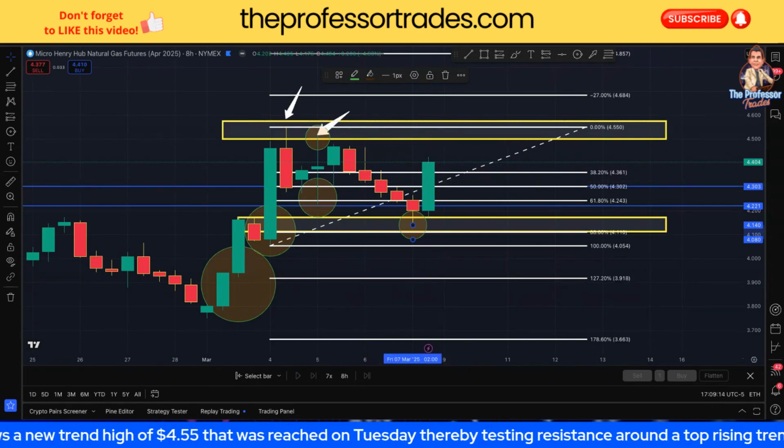So again, you've had three examples of how you can literally sit on the Fibonacci levels on the higher time frame, and you give yourself a much greater reward to risk.